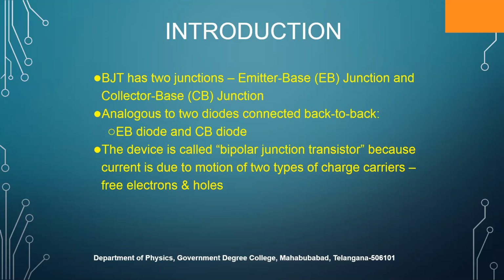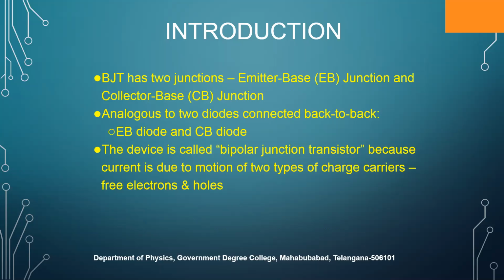The device is called a bipolar junction transistor because in a conventional transistor we have two junctions, the emitter-base junction and the collector-base junction.